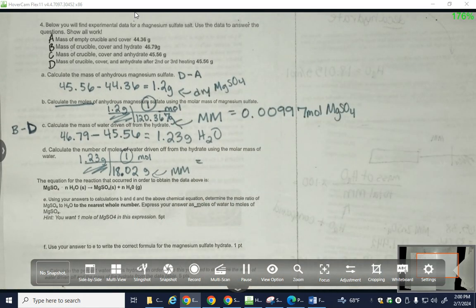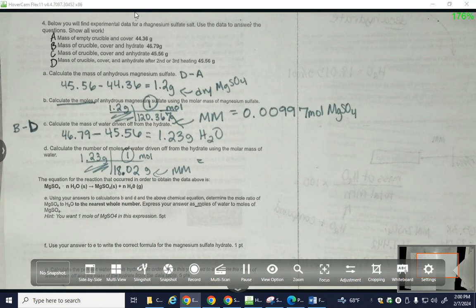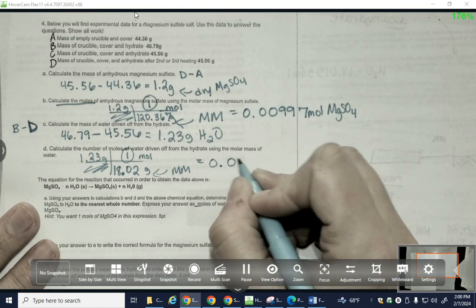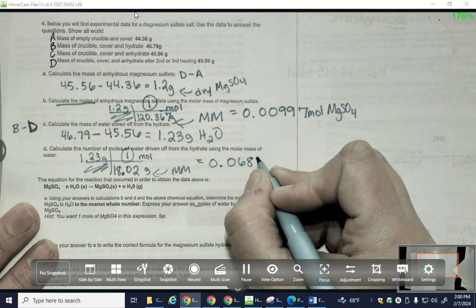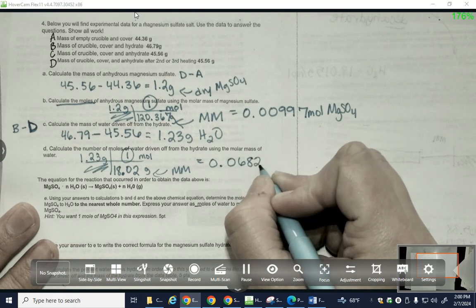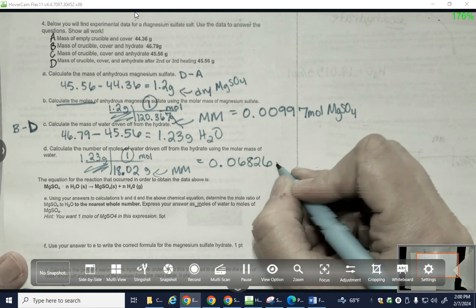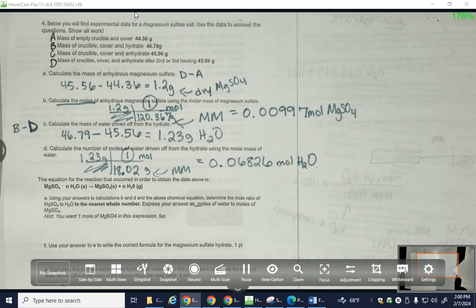All right, so we have 1.23 times 1, push equals, divide by 18.02. I'm going to get the answer 0.068. I'm going to go to 6. There we go. Okay. I'm trying to keep it pretty similar. All right. So we have that many moles of water.